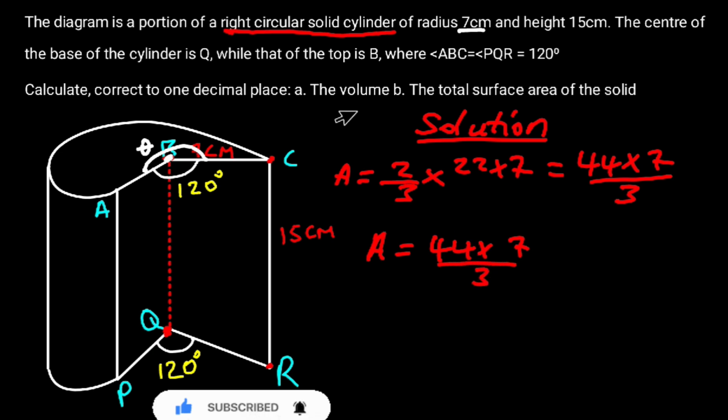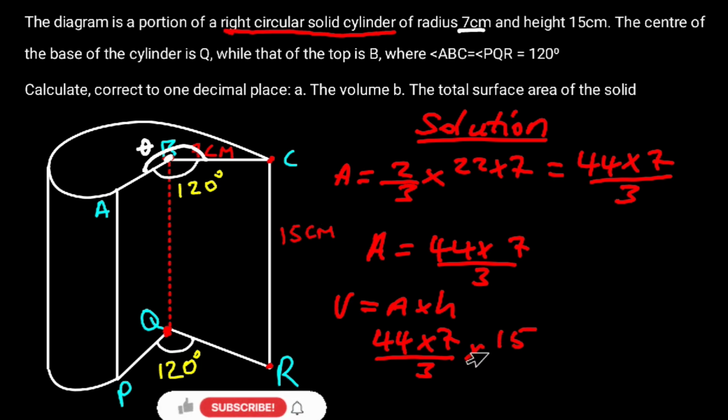Now, we know that volume is equal to area times height, as I stated earlier. So area is 44 multiplied by 7 divided by 3, then times height, which is 15 cm. So we have 15 here. 3 divided by 3 is 1. 15 divided by 3 is equal to 5.